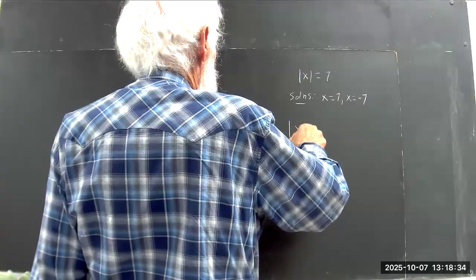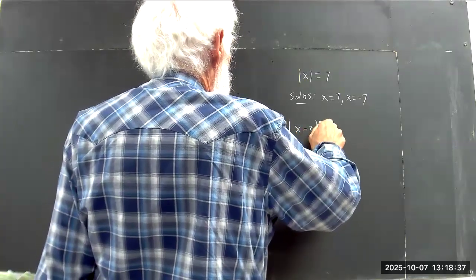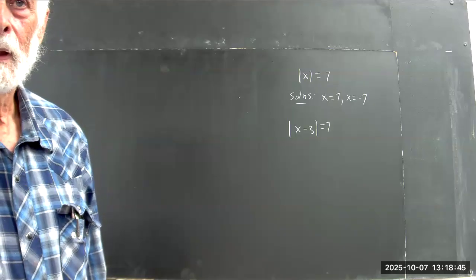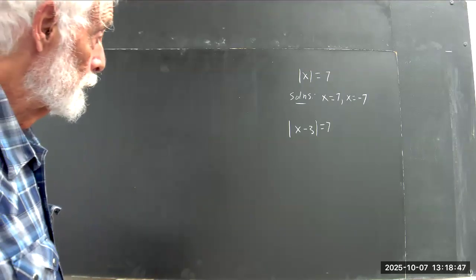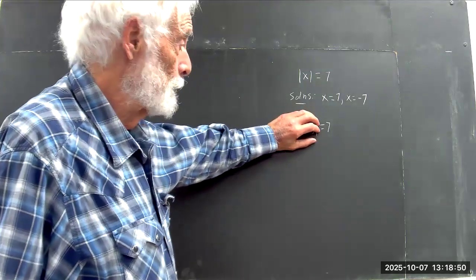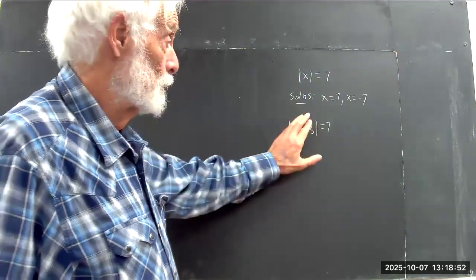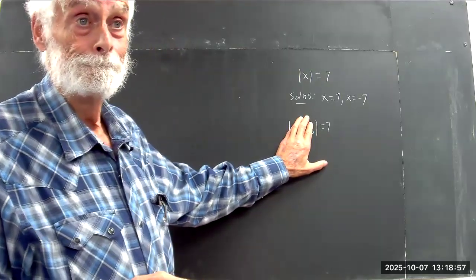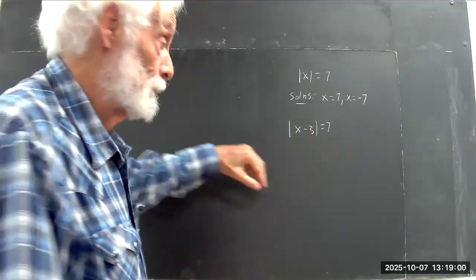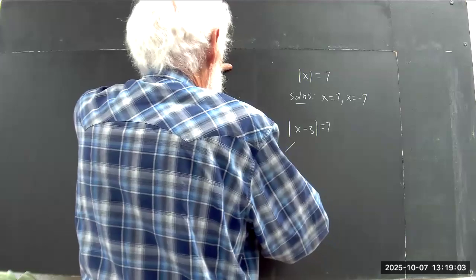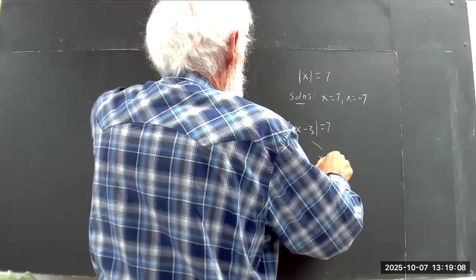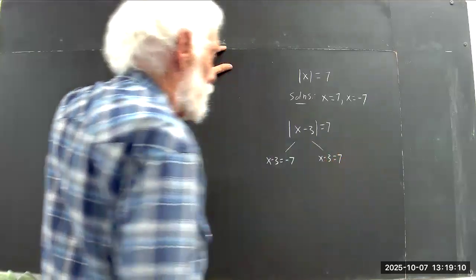So how about the absolute value of x minus 3 equals 7? Well, we have to say that if the absolute value of something is 7, then what's inside that absolute value has to either be -7 or 7, right? So this gives you 2 statements.